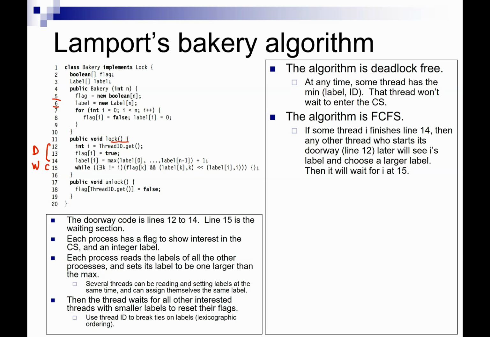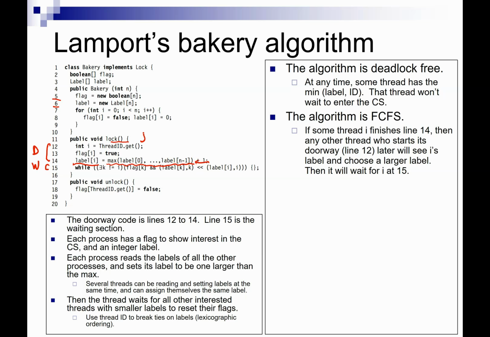The reason this is true is because if I has finished its doorway section, then I has obtained a label and written that label to the overall array of labels. Now process J starts up. When J does line 14, he's going to end up reading I's label. I has already written his label, so J reads I's label and chooses a bigger label.